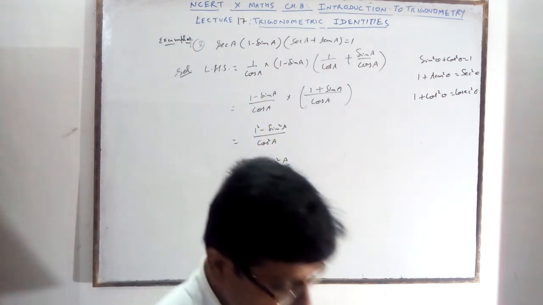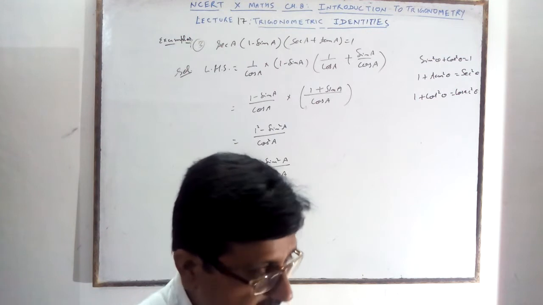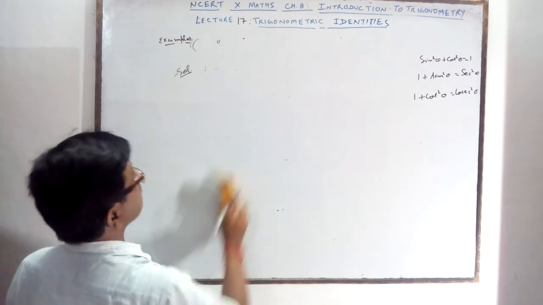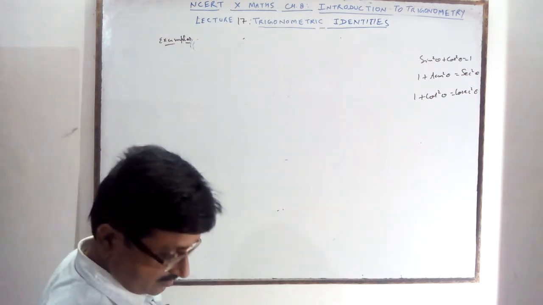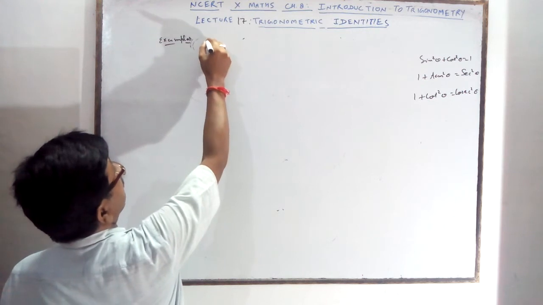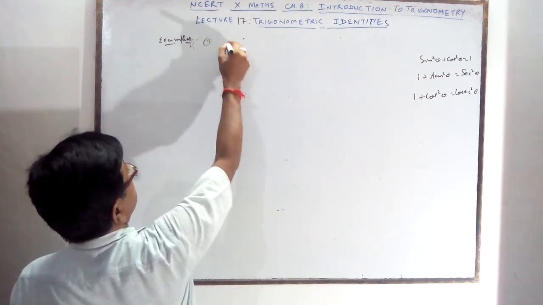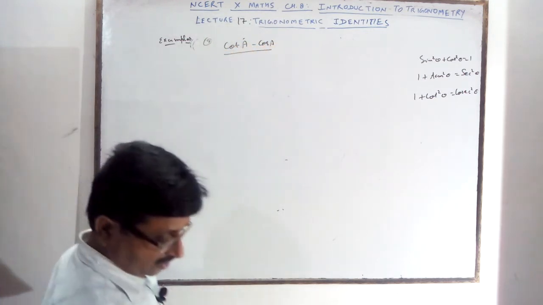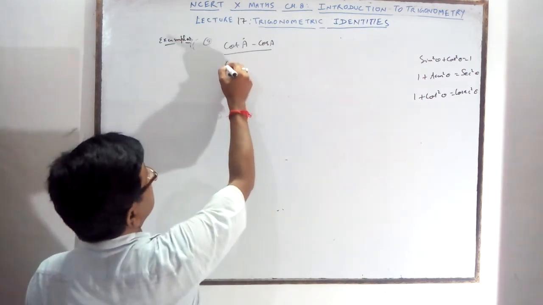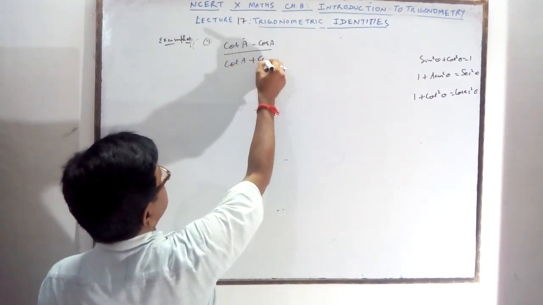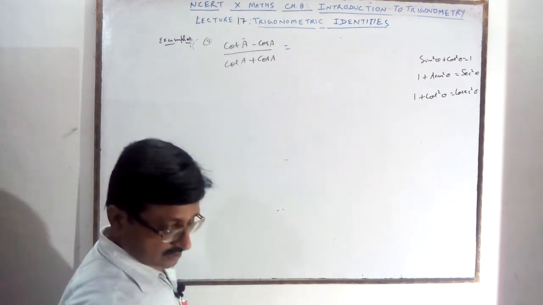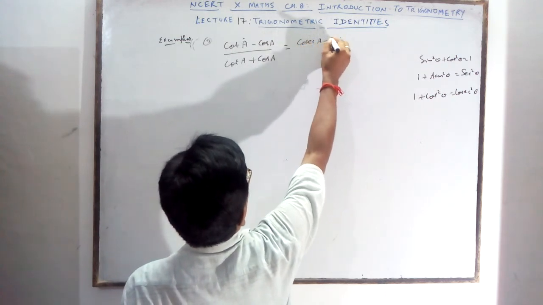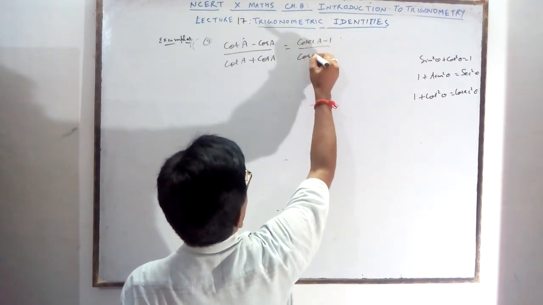Next example you see, which is given: cot A minus cos A upon cot A plus cos A is equal to cosec A minus 1 upon cosec A plus 1.